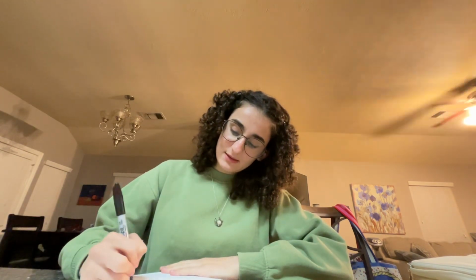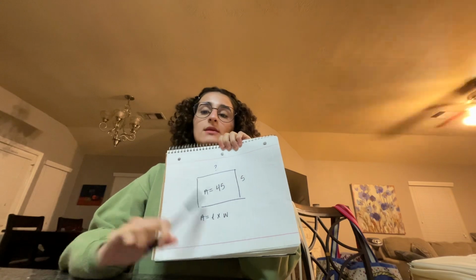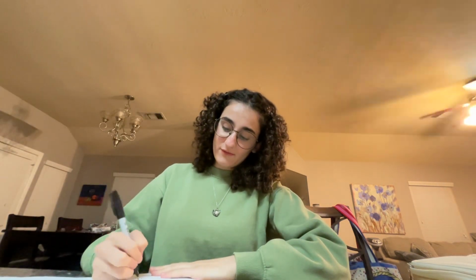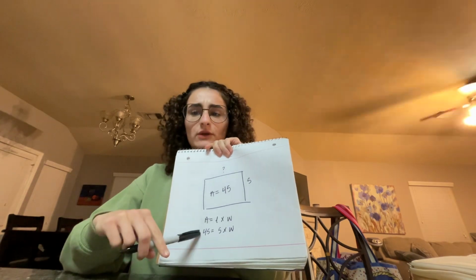So first, remind me how we find area. Right, it is length times width. You don't have to write that down if you don't want to, but we have length times width, and we only have one of those. So we have 45 is our area, right? So 45 is equal to 5 times something. We know 5 times something equals 45.